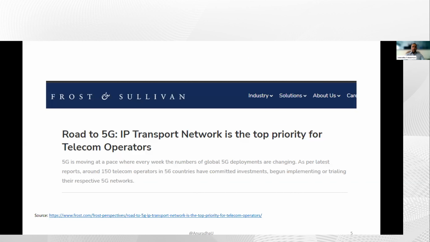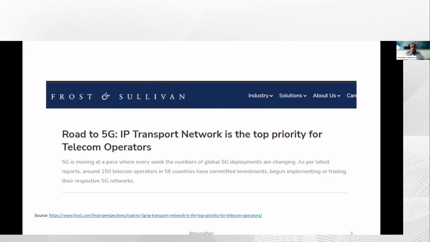And this is from a couple of years back. It says the road to 5G transport is the top priority for telecom operators. Now, for example, if you take a market like Sri Lanka, where I come from, 5G spectrum is not yet released by the regulator. We are still waiting for the regulator to release the 5G spectrum, with a lot of uncertainties. But that doesn't mean that service providers like us should not be ready the moment the 5G spectrum is released.